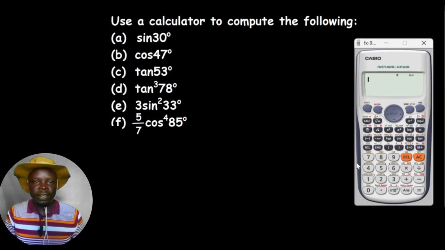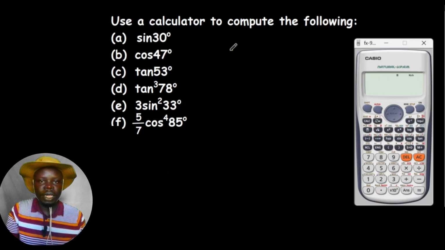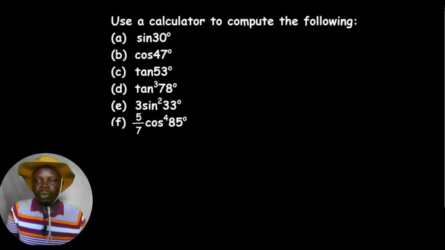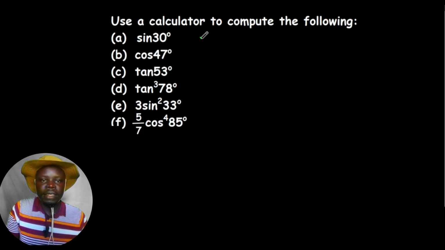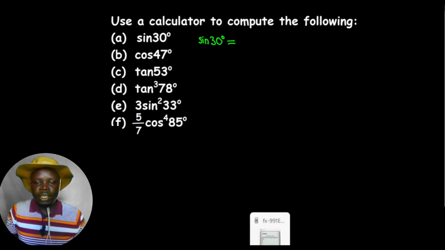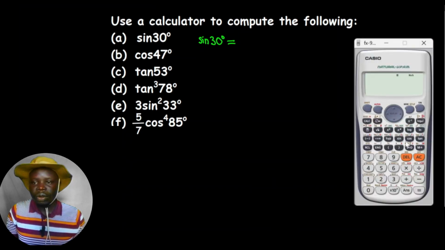So let's go on and see how we can calculate the first one here by bringing it outside. Now, sine of any angle, 30 degrees, from a calculator is given by, so you can punch this into a calculator and we look at where sine is. So here is my sine.